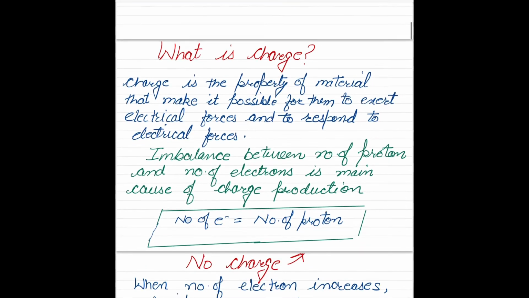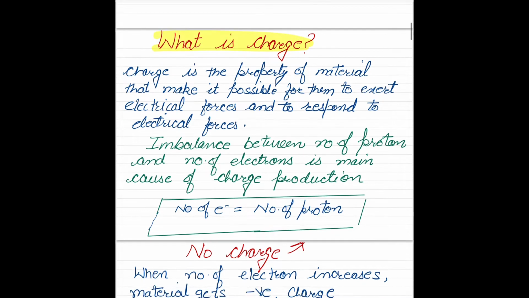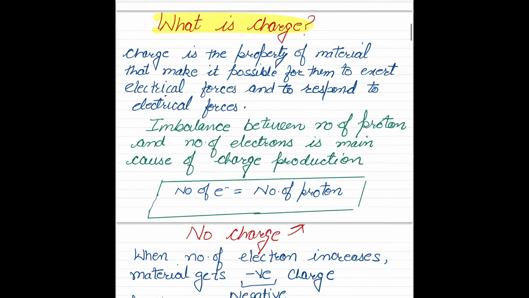Now first of all you should know what charge actually is. Charge is the property of the material which makes it possible for them to exert electric forces and to respond to electric forces, right?